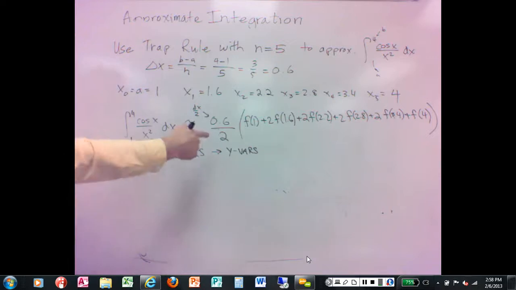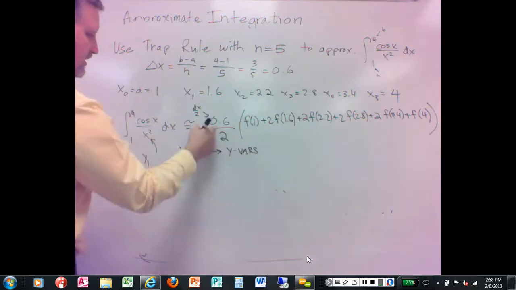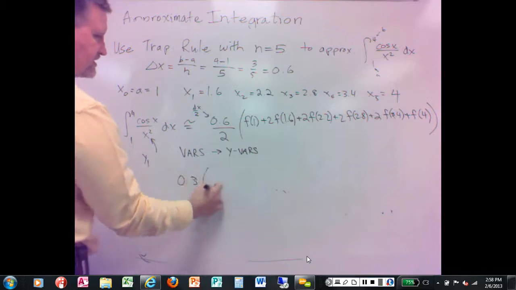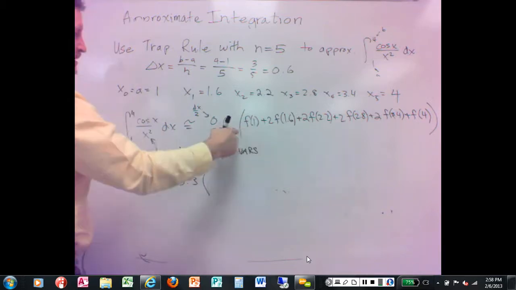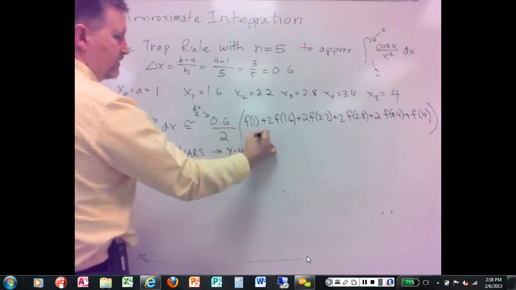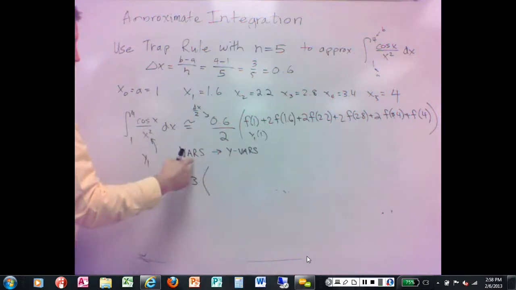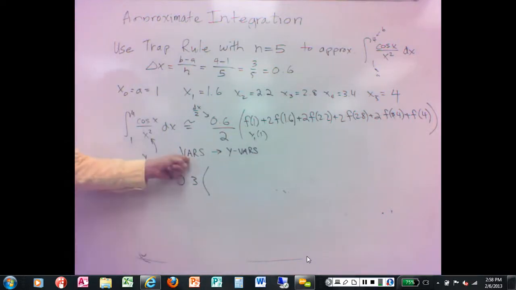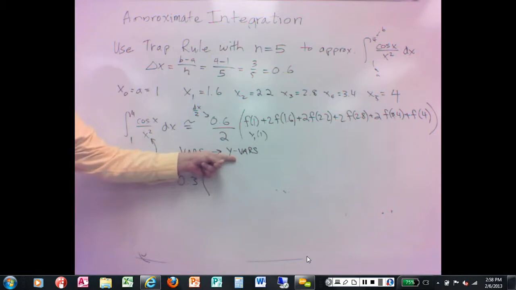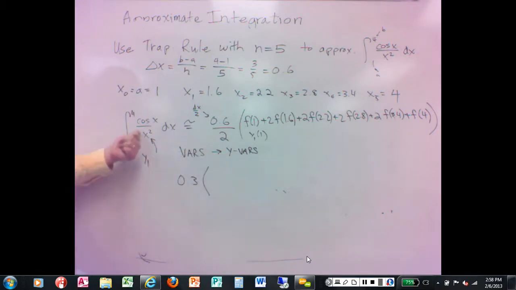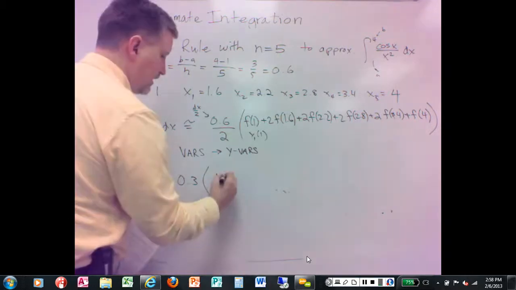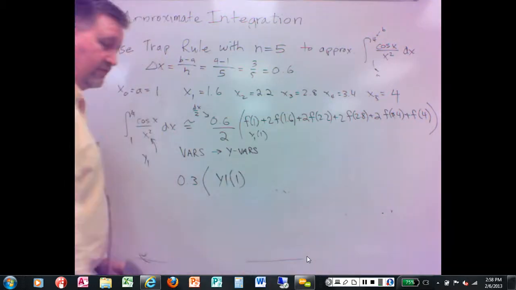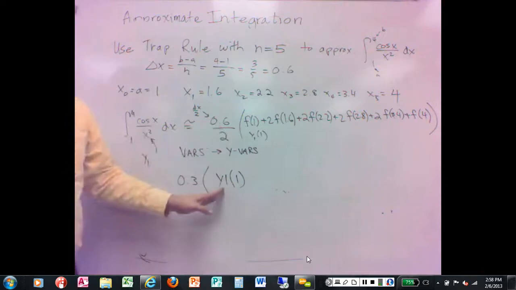Put in 0.3, parentheses, and then we can just put these in. This is going to be y1 of 1, but to get that y1 of 1, you do this various different ways, but that's where you go to vars and then y vars, and then you can select your function. Then you do y1 of 1, parentheses 1. Just like f of 1, except you're going to use y1 of 1.